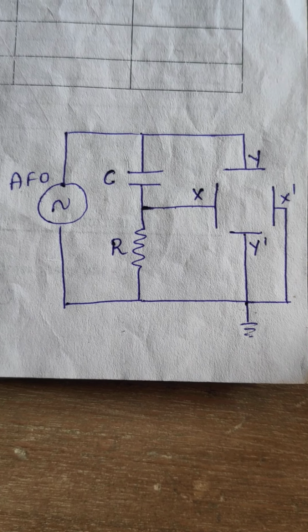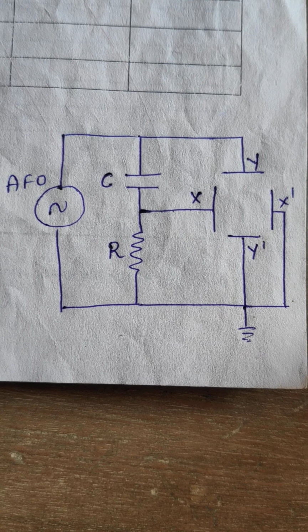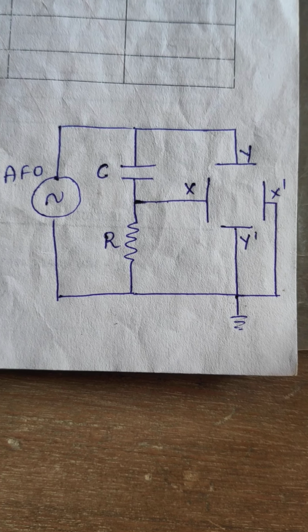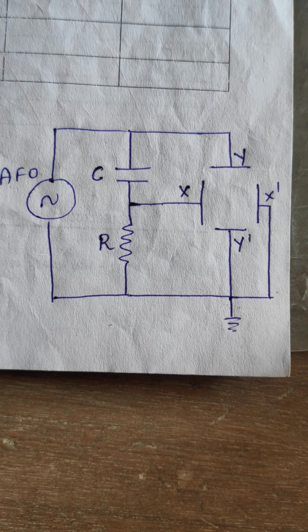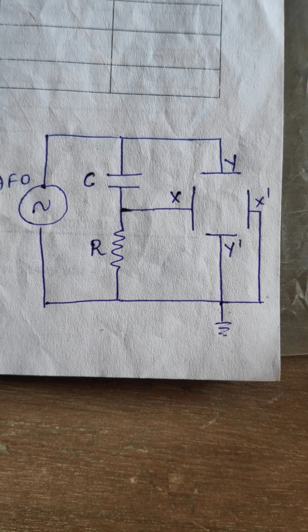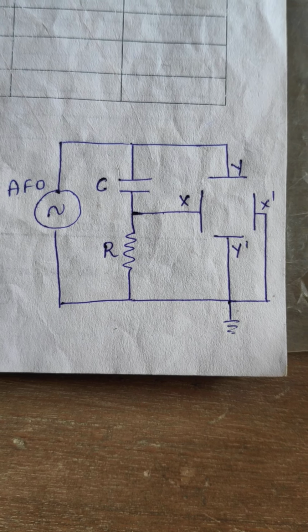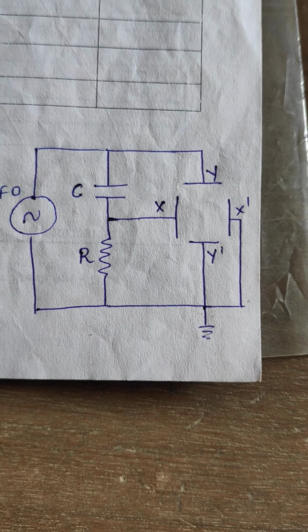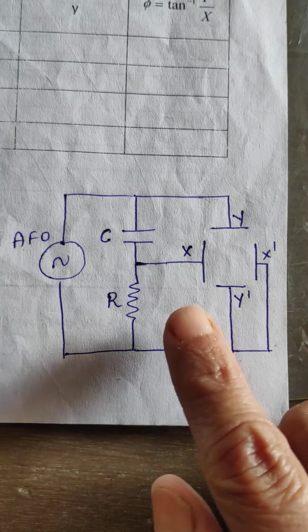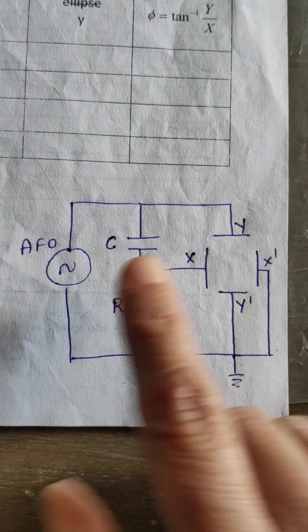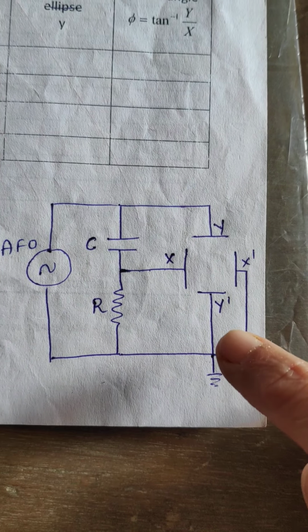Okay, the practical that we will be seeing now is measurement of phase difference using a CRO. So this is the circuit which you have to construct. We will take a series RC circuit and connect it to an AFO and then connect the X plates in this particular manner and the Y plates in this particular manner.